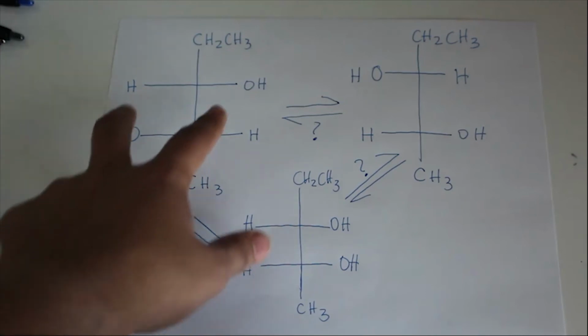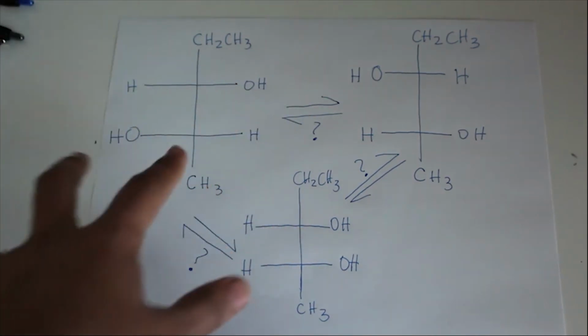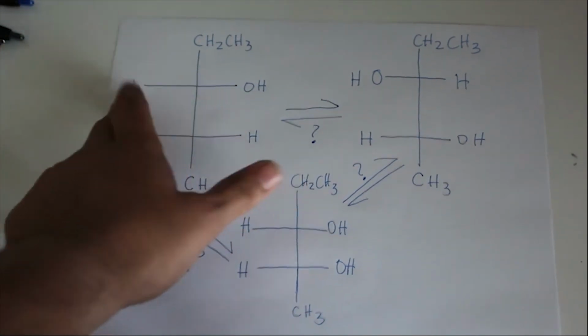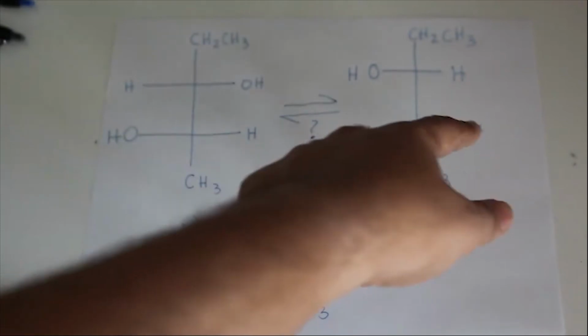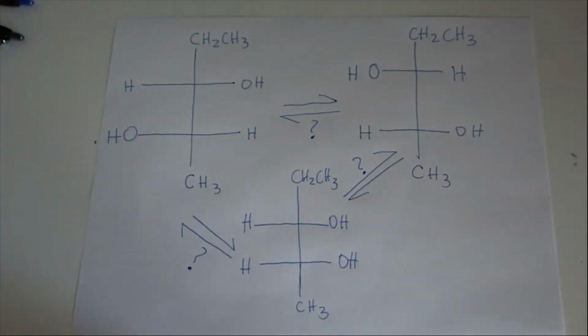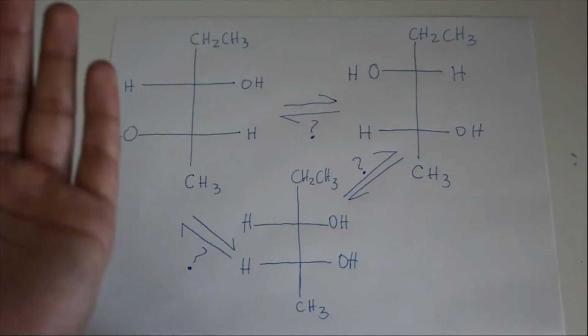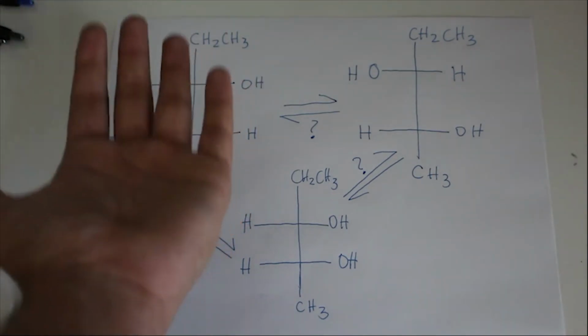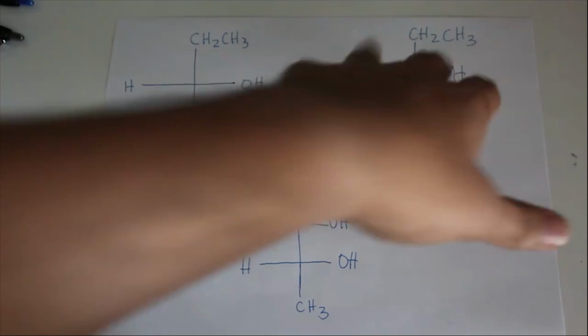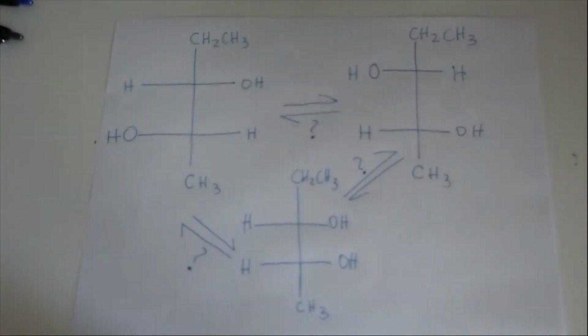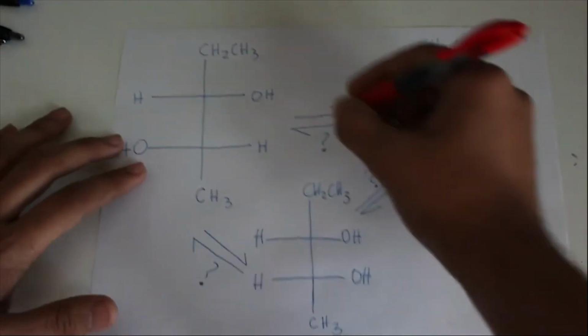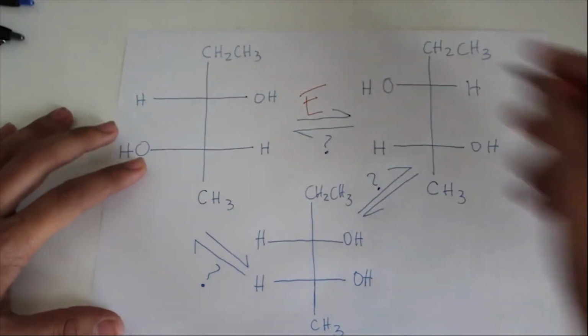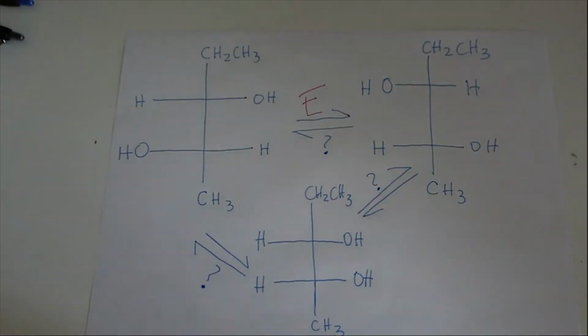But if you look at this, the H, which is on the left here, is now on the right, and the OH, which is on the right here, is on the left. Same thing for the bottom, they flipped on this one. So pretty much what happened is this is flipped this way. What does that mean? Both of them changed, right? So they're mirror images of each other. So these are enantiomers, okay?